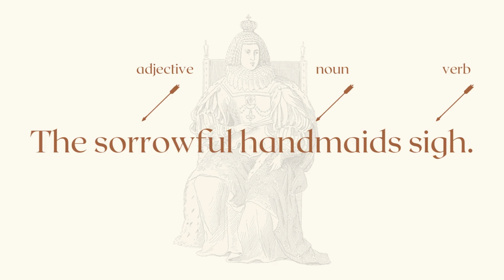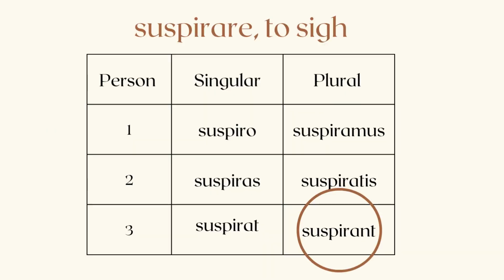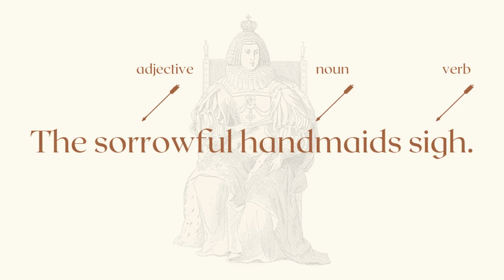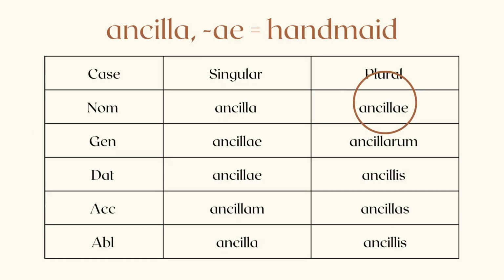Next example. English, the sorrowful handmaids sigh. This time we have a plural subject noun, and therefore in Latin our verb also needs to be plural. So for our verb we need the third person plural form of suspirare, to sigh, which is suspirant. Our subject noun handmaids needs to be the plural form of the nominative case for handmaid, ancilla, which is ancillae.